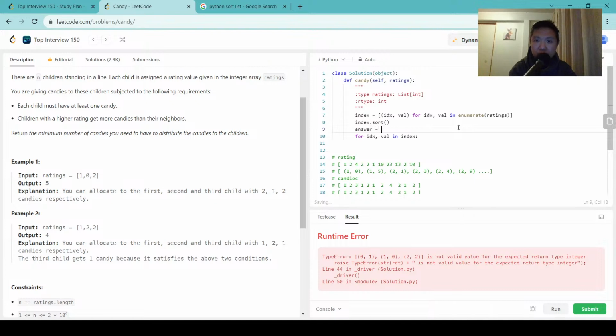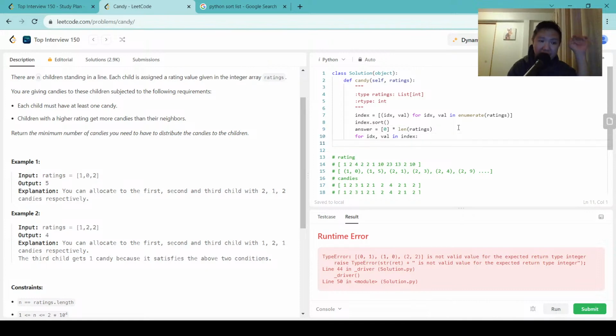Answer equals, I need an empty array of size, so let's do 0 times length of ratings. Okay, so this is again a very Pythonic idiom. What it does is it takes the array 0 and multiplies that by the length of ratings.